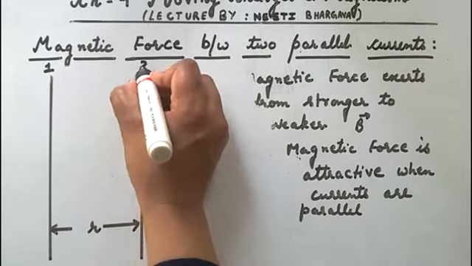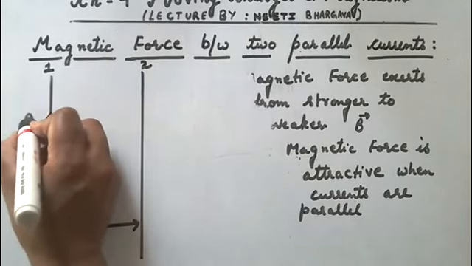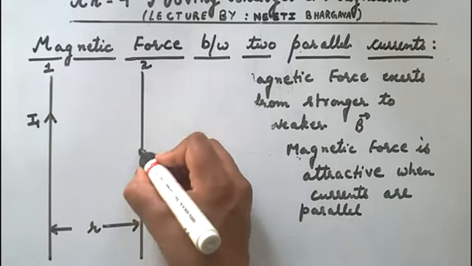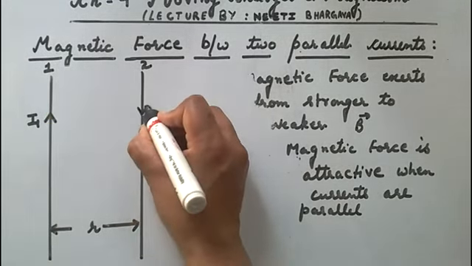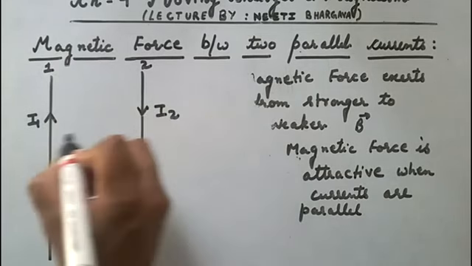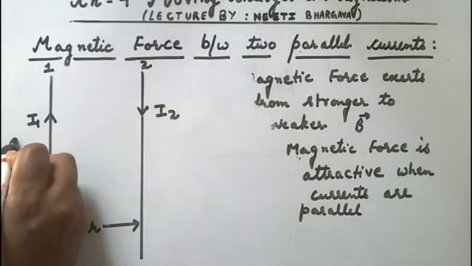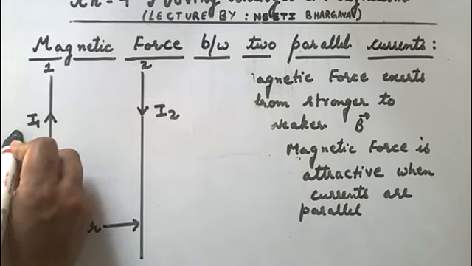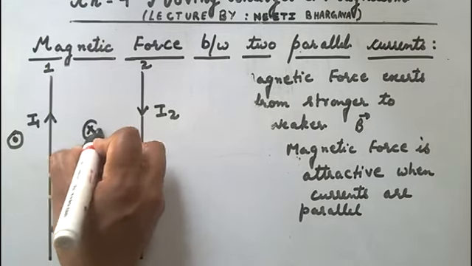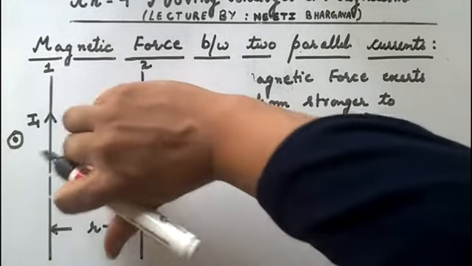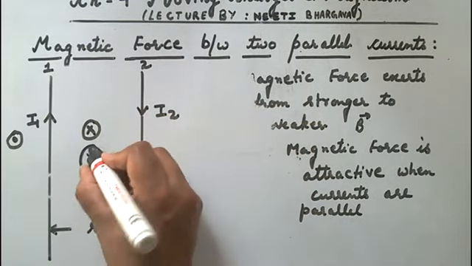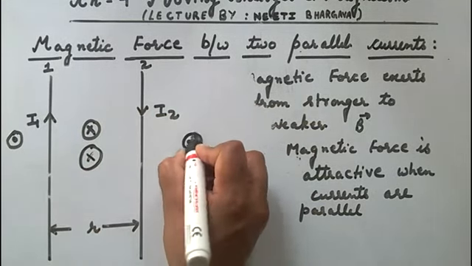This is 1, this is 2. Current is flowing in upward direction in this one, and in this it is in downward direction. Then the magnetic field due to the first wire is out of the plane of the paper and into the plane of the paper. Here it is into the plane and out of the plane of the paper.